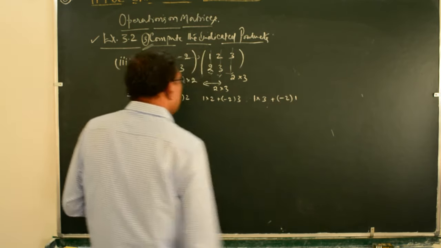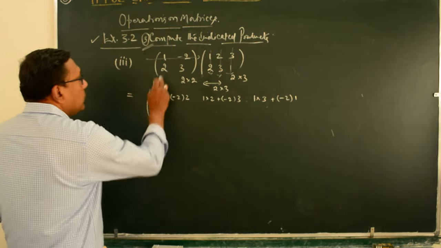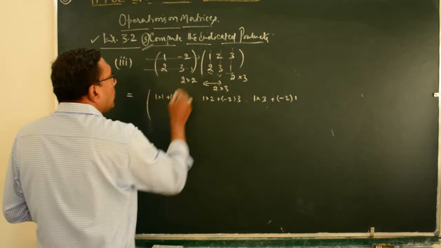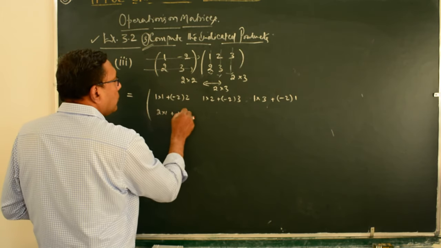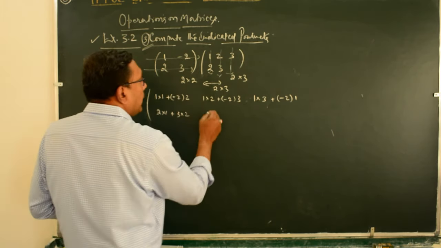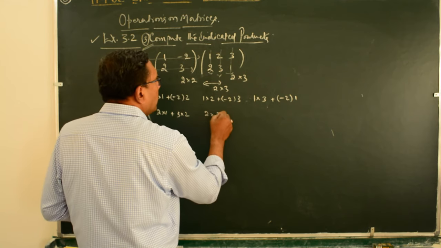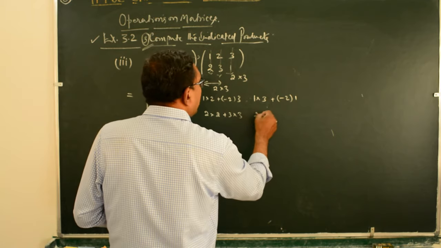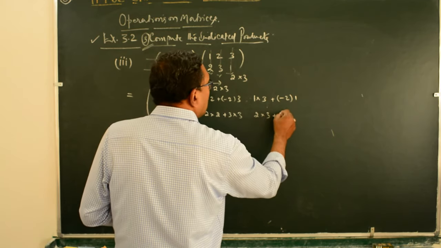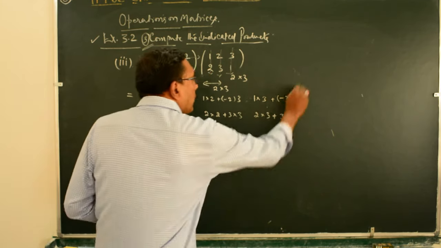These are the entries of the first row. Similarly, second row, 2 into 1 plus 3 into 2, 2 into 2 plus 3 into 3, and 2 into 3 plus 3 into 1. We'll simplify this.